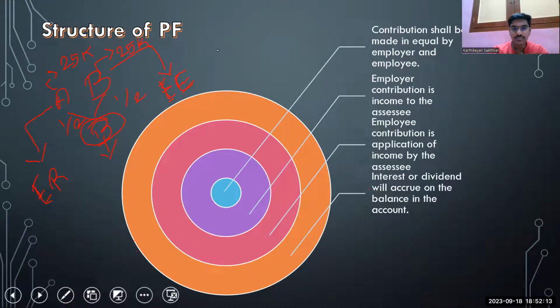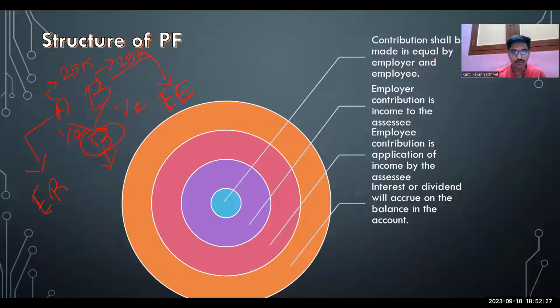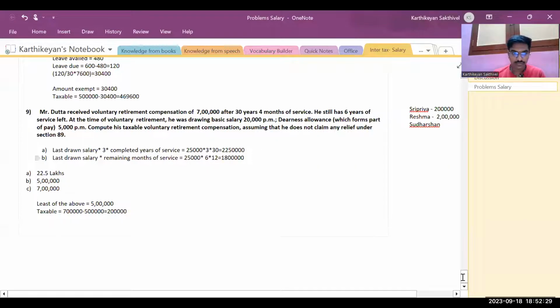I'll just go to the OneNote. Give me a minute. Is OneNote visible? No, sir. Yes, sir. So basically, employer contribution, I'm just making one change alone, 30,000.